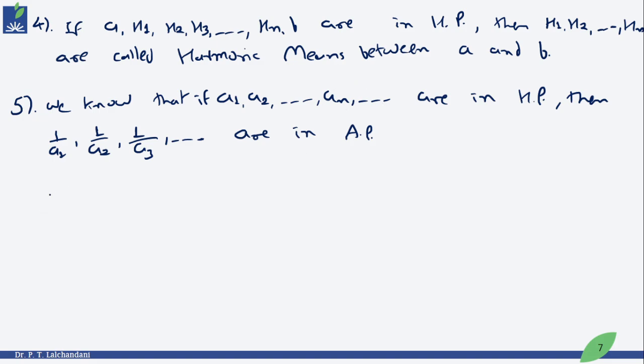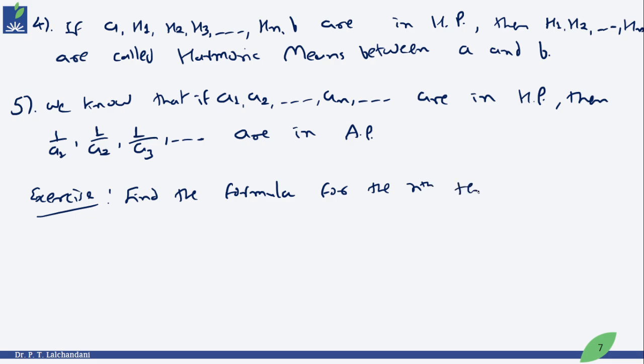So again, this is an exercise for you, right? Find the formula for the nth term of a harmonic progression.